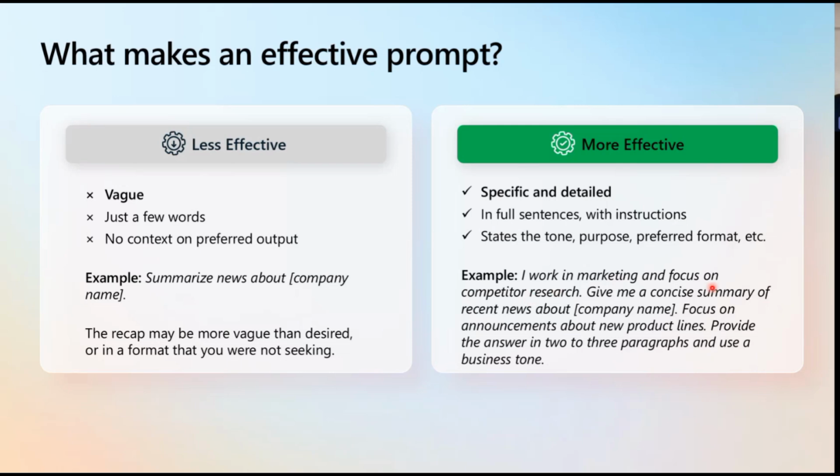Let's have a look at this. So for the more effective prompt: let's say I work in marketing and focused on competitor research. Give me a concise summary of recent news about this. So you see, this is different. This is the same question, but this prompt here gives Copilot more information of what you are looking for.